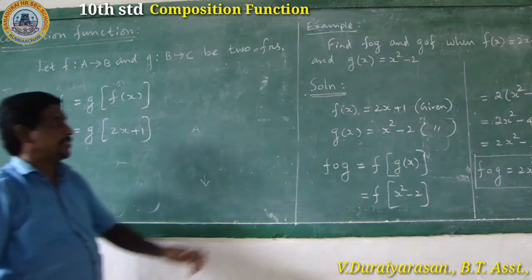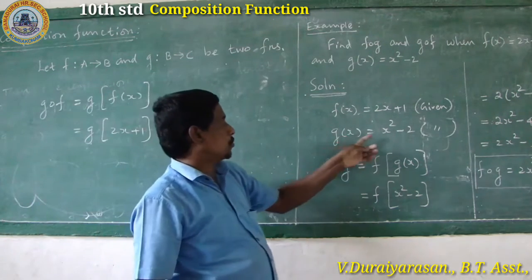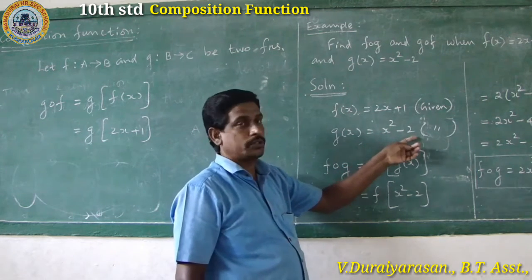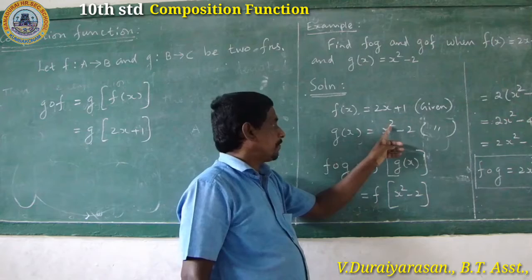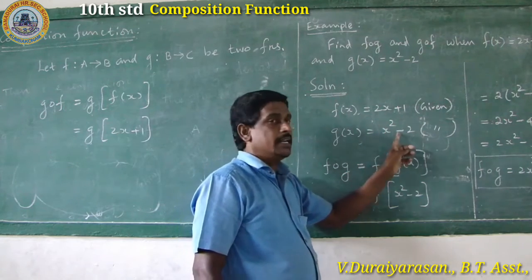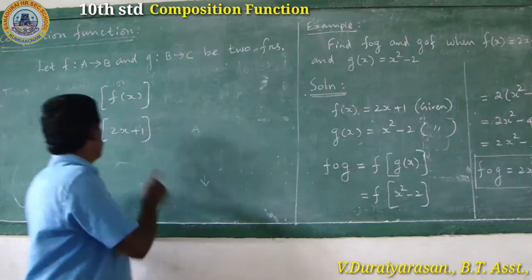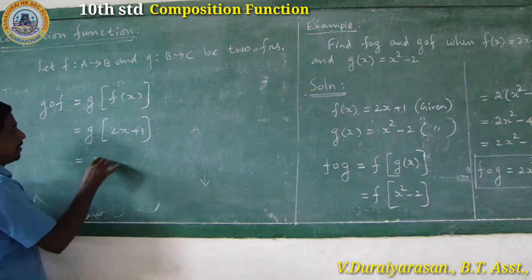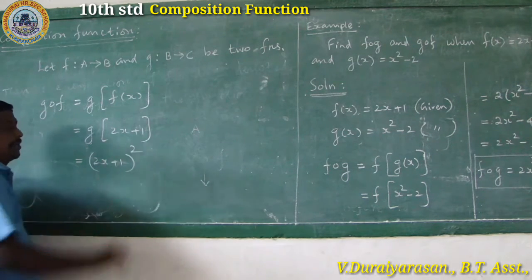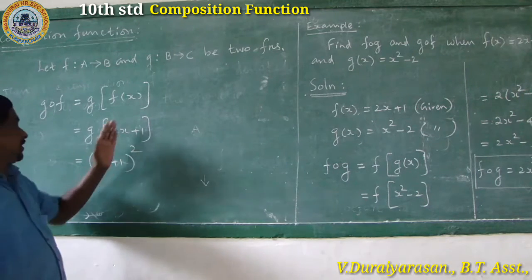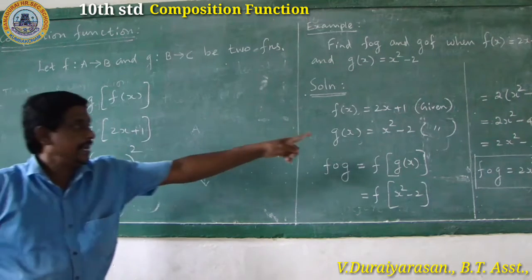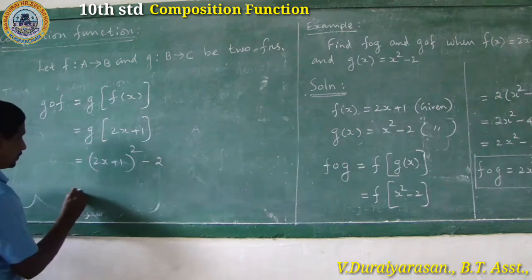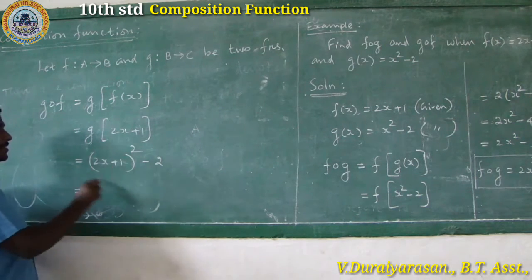How to define g of x? Square the function and subtract 2. The given function is first squared, then 2 is subtracted. So the given function is squared as a whole. What is the identity form?